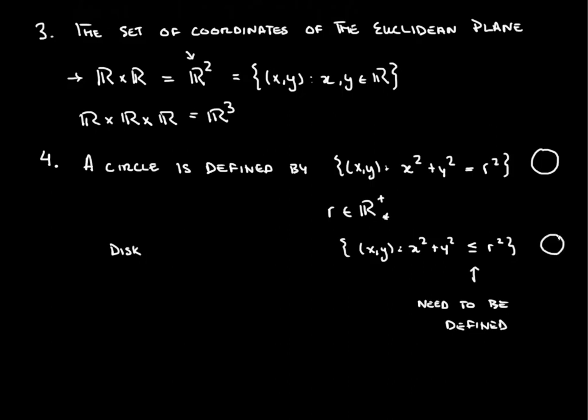But I think you've encountered inequalities before in your life, so I'll allow myself to talk about it. The disk here, since we have an inequality, corresponds to the entire set of coordinates in the circle and in the disk, if this would be our geometric representation of our set of coordinates.